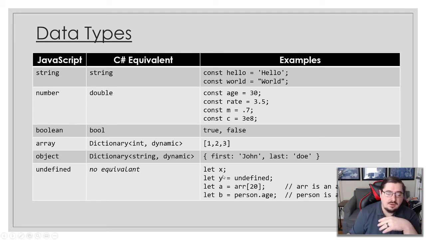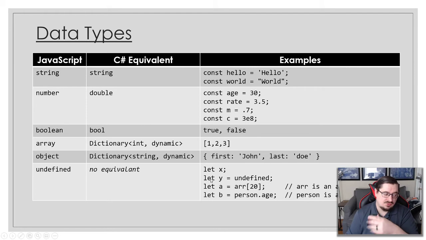So undefined in JavaScript means that the variable has not been given a value. It's not been assigned. For instance, if I have a variable like this, I've declared it let x. I have not assigned it a value, so it will have the value of undefined.